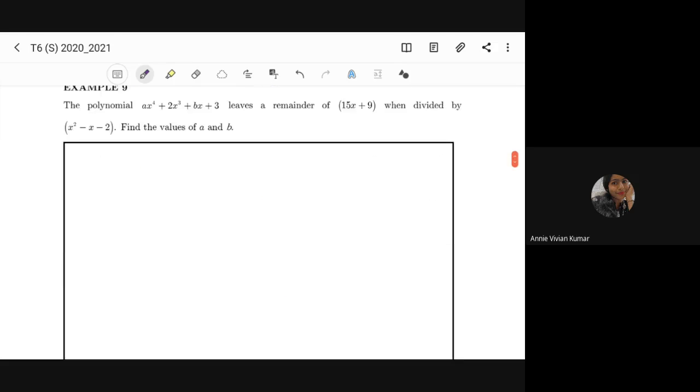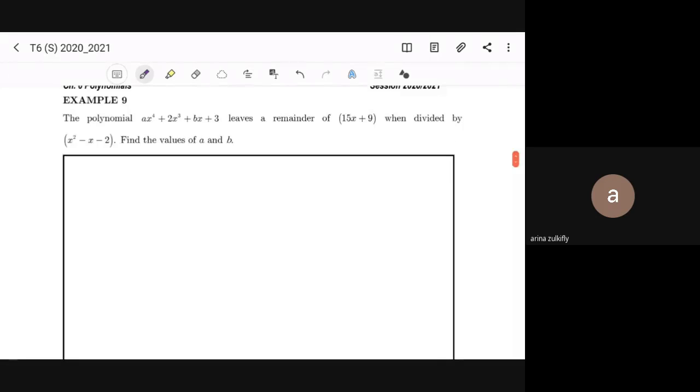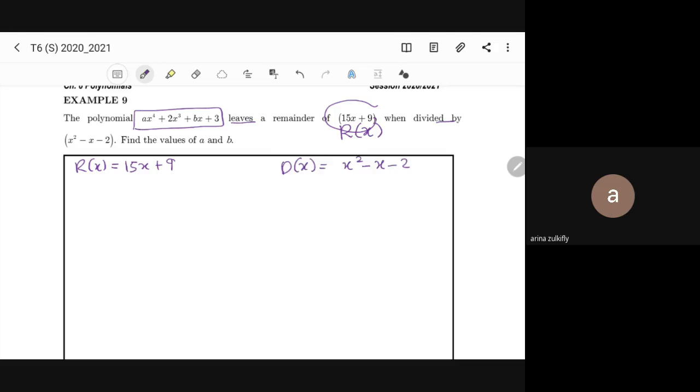Okay. So, we proceed to example number 9. We continue. The polynomial leaves a remainder of this. So, this is our Rx. So, Rx equals 15x plus 9. When divided by, okay, divided by means dx equals x squared minus x minus 2.